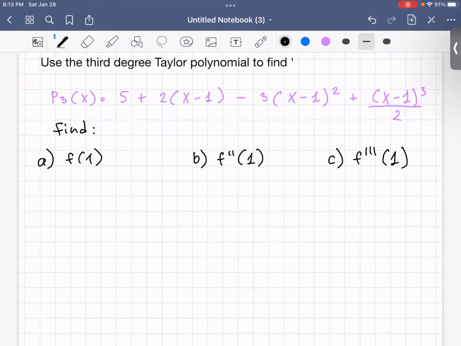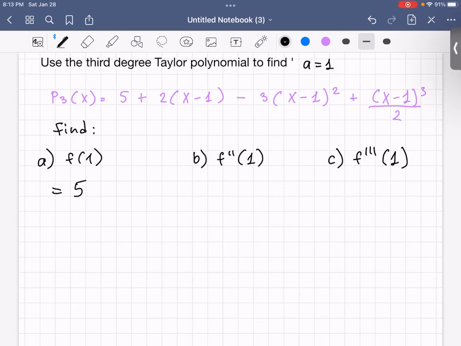And here they ask, use the third degree Taylor polynomial to find this. Okay, this is quite straightforward. So here we know that we are looking at these Taylor polynomials at the point a equals 1, right? Because we can see this from here, they're all centered at a equals 1. So f of 1 is just going to be the first number here, which means that it's going to be 5.